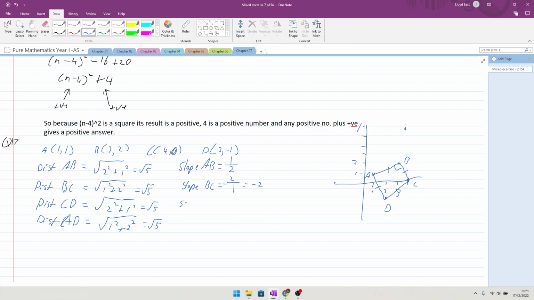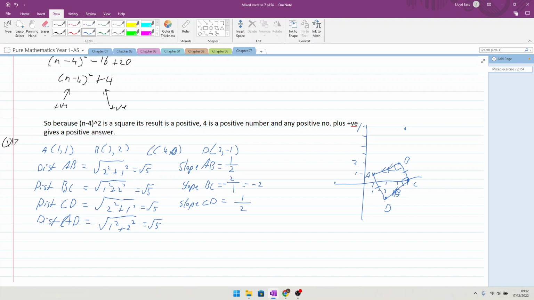Okay. The slope of CD should also be a half. Okay, so the difference of the y's, 0 to minus 1, is 1. The difference of the x's, 4 and 2, is 2, and it's in a positive direction, which is a half. Again, negative inverse. So this one is parallel, and this one is parallel, and they're both at 90 degrees.